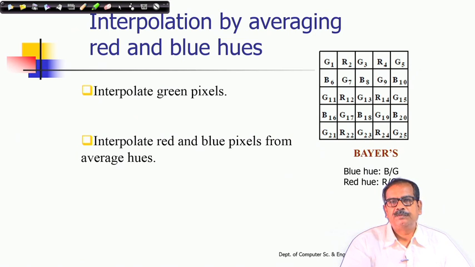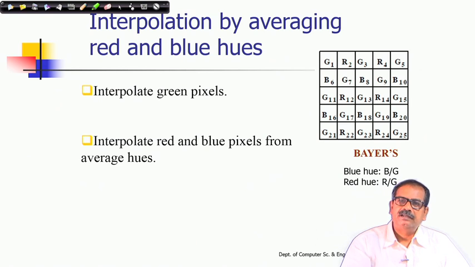Suppose you are computing, first you interpolate green pixels using simple bilinear interpolation. So, in that case at every pixel you have all the green values. All the pixels wherever green samples were missing, through bilinear interpolation you have computed it.